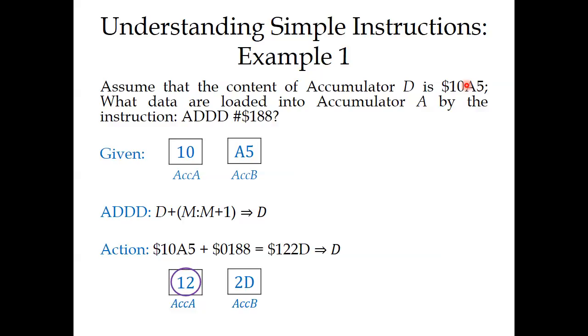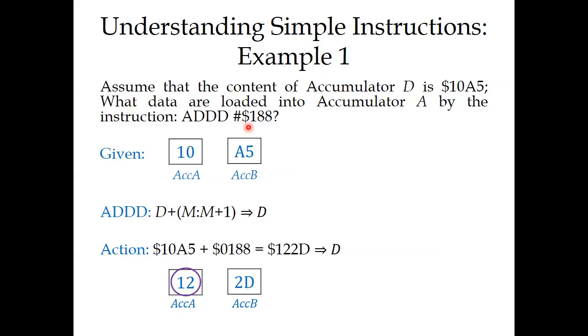Now what data are loaded into accumulator A by the following instruction. This time, you see this is a new instruction that we have in the instruction set, which is ADDD. Just by looking at the instruction, can you tell what is the addressing mode? Immediate, right? You can see there is a pound sign.